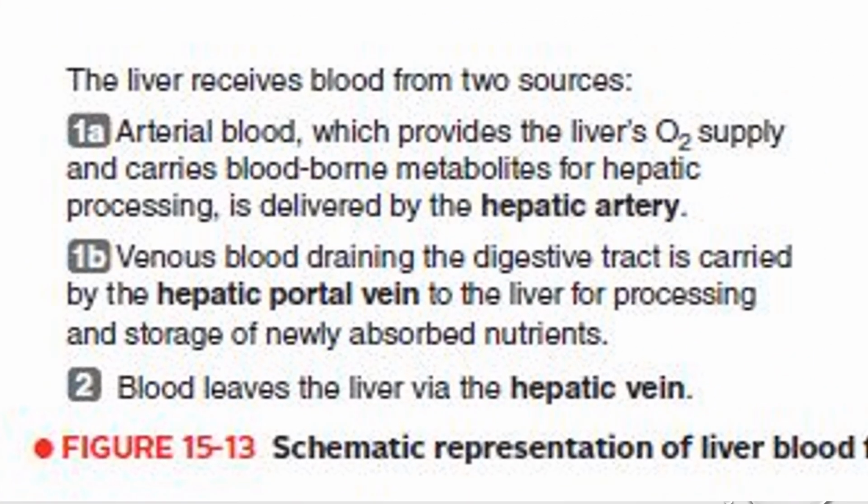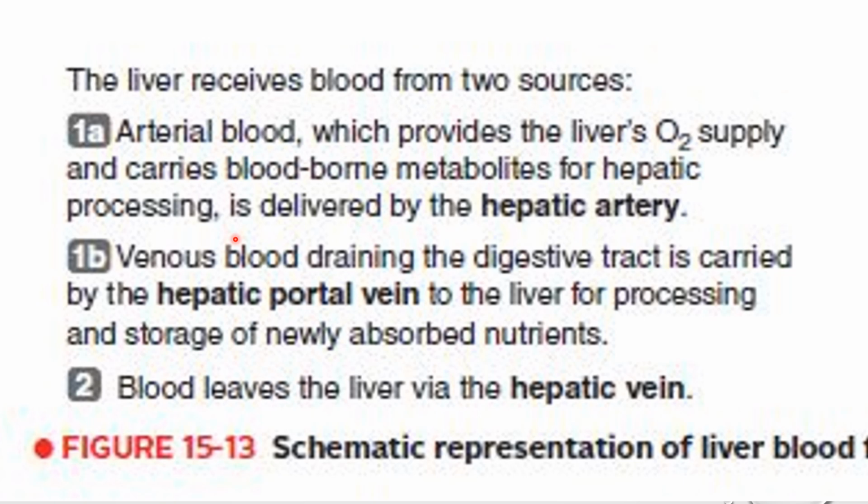So the liver receives blood from two sources. One is the arterial blood, which comes from the hepatic artery. This provides the oxygen supply and also carries the blood-borne metabolites for liver processing, and is mostly supplied by the hepatic artery. The second source is the hepatic portal vein, the venous blood draining from the gastrointestinal system.